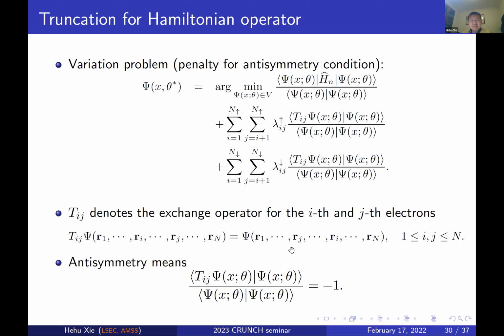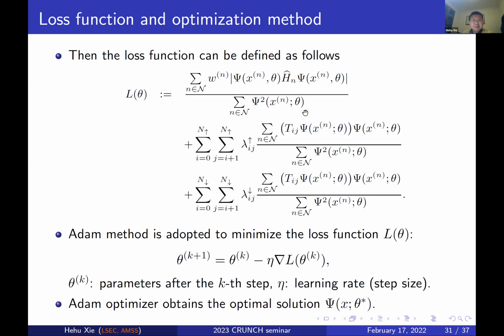Yeah, this is the problem about the Schrödinger equations. You can also use other ways to treat this anti-symmetry condition. Using numerical integrations, we can also define this loss function for the Schrödinger equations, and then we also use the Adam method to do the optimization process.